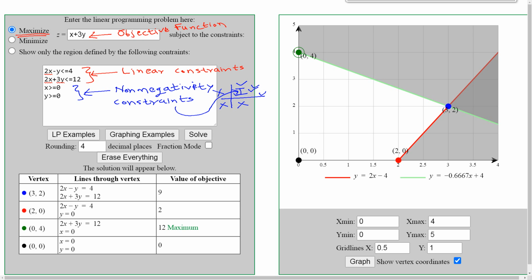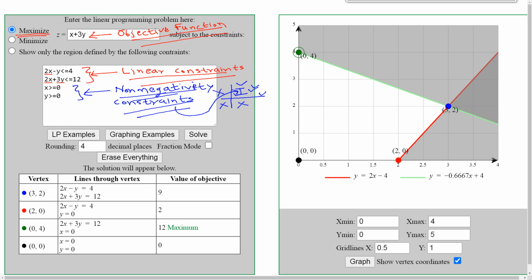In the previous lecture we have seen that any linear programming problem has three parts. First part is objective function, second part is linear constraints, and third part is non-negativity constraints. In this linear programming problem you must be able to identify what is the objective function.